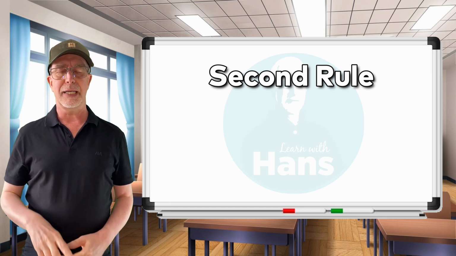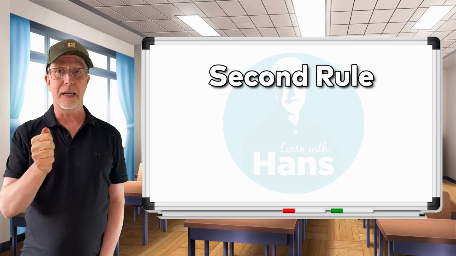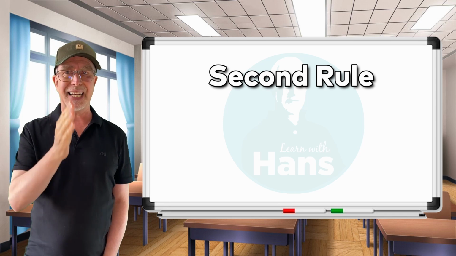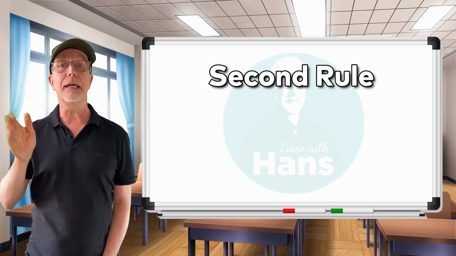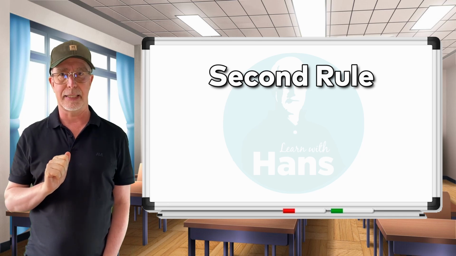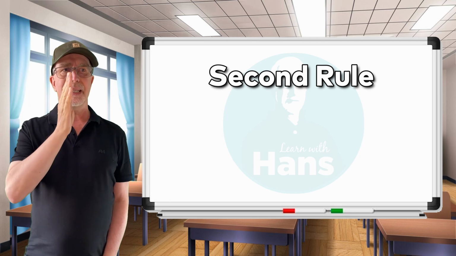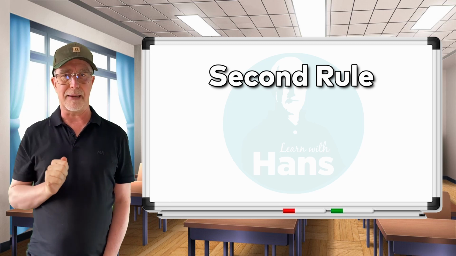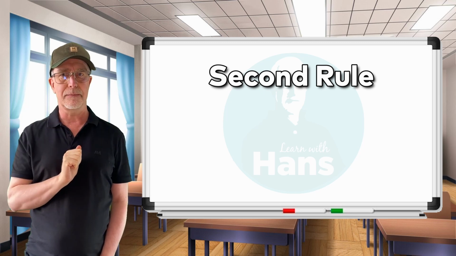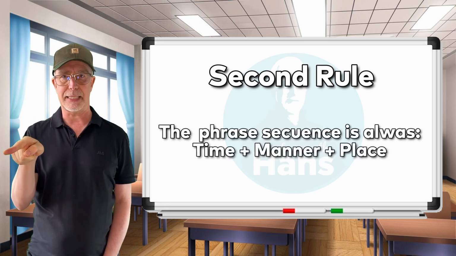Rule number two is even more important. Why? Because it explains the exact sequence in a sentence. What does it mean? Yes, that a Dutch sentence is rigid. The sequence is always the same. What's that sequence? Time, manner, place.